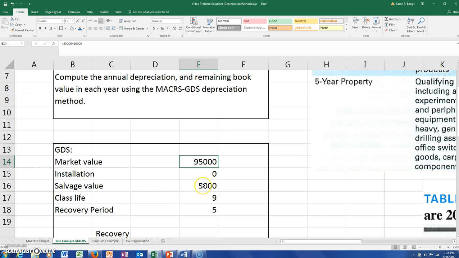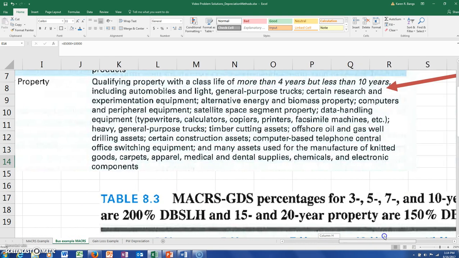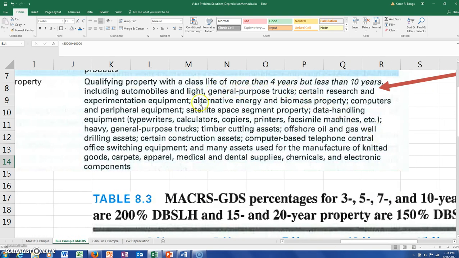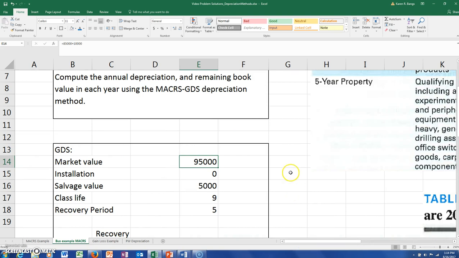And it was stated we have a salvage value at the end of year 9. This should say useful life, not class life. And we know the recovery period is 5 because we looked it up in the tables over here, and we see that general purpose trucks is what I'm classifying the bus to be. Okay, seems reasonable.